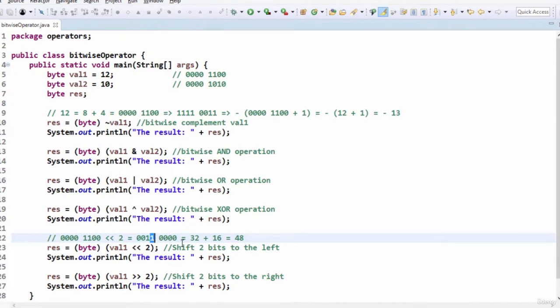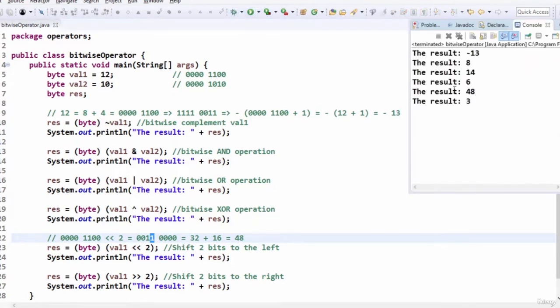This 2 denotes the number of bits we are shifting towards the left. That means if you shift towards the left by n bits, then the magnitude will increase by a factor of 2 to the power of n. So 12 into 2 to the power of 2, that means 12 into 4, so 48 is the outcome.